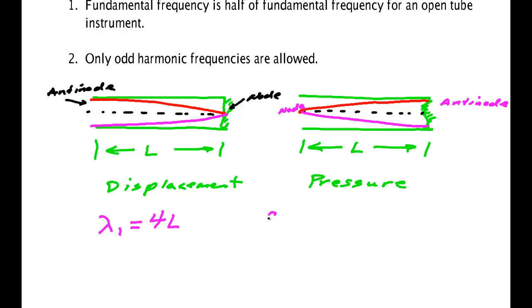And the fundamental frequency is v over 4L. So it's half the open tube. So longer wavelength, lower frequency.